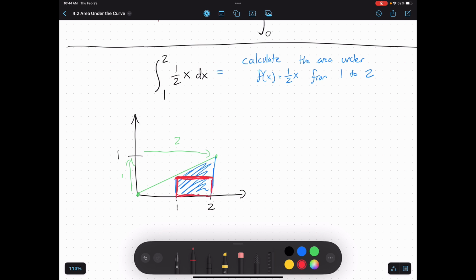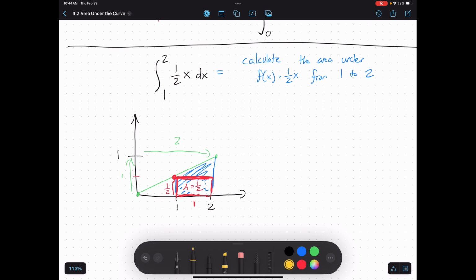What's the area of this rectangle? Well, the width is 1. What's my height? What's this distance? Since 1 is directly in between 1 and 2, this distance is 1/2. That means the area of this rectangle is 1/2 times 1, which is just 1/2. So the area of that rectangle is 1/2.